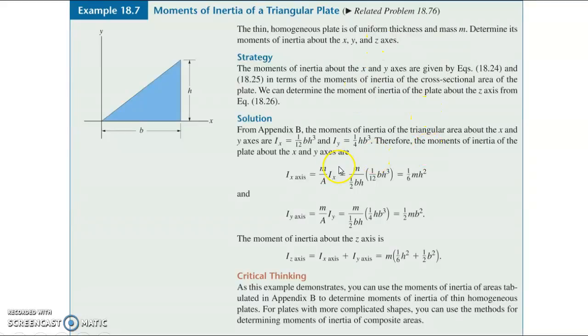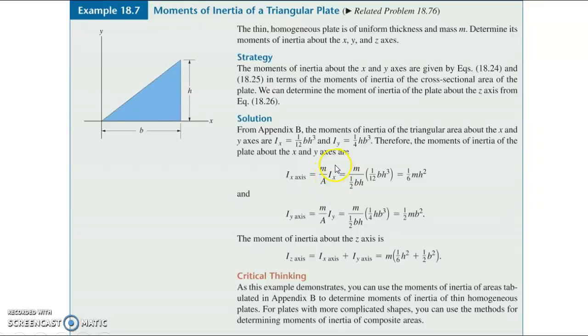So I'm going to apply a relationship we derived earlier, that the mass moment of inertia is the mass divided by the area multiplied by the area moment of inertia. And another name for this was the polar moment of inertia, right?